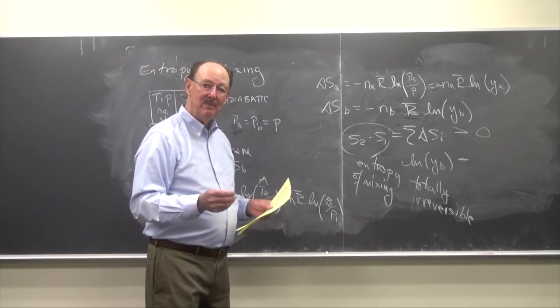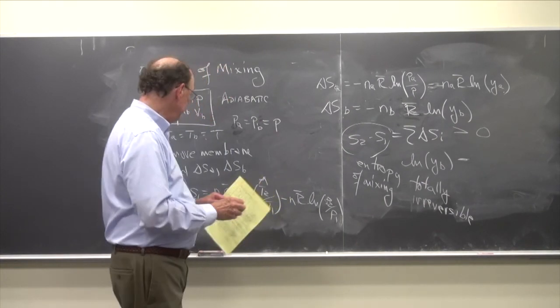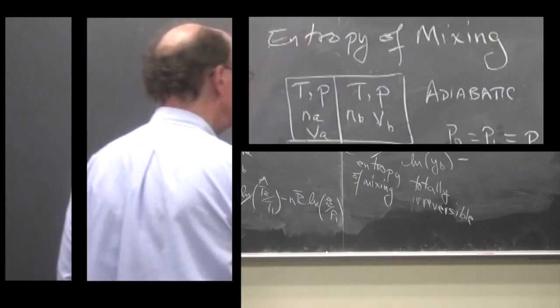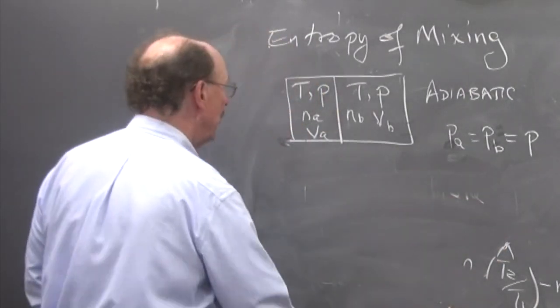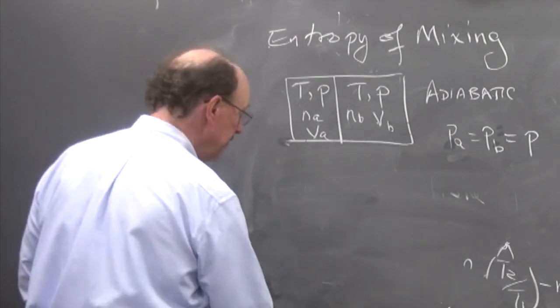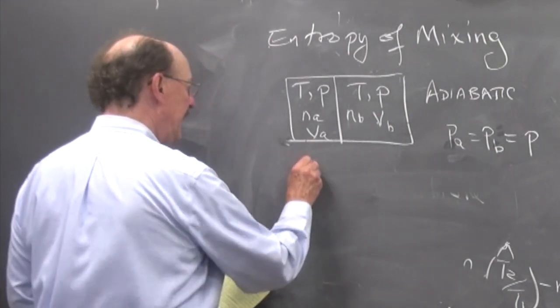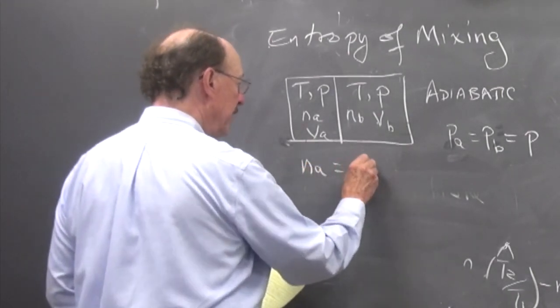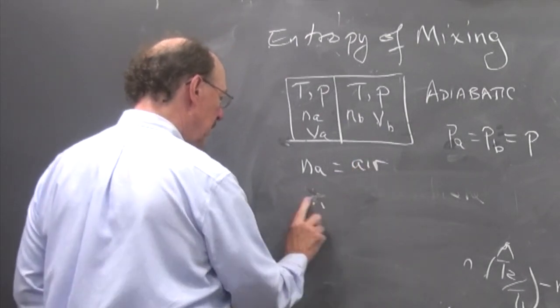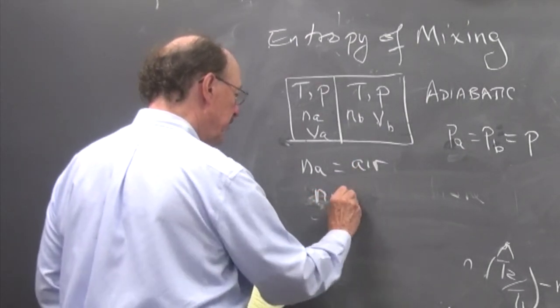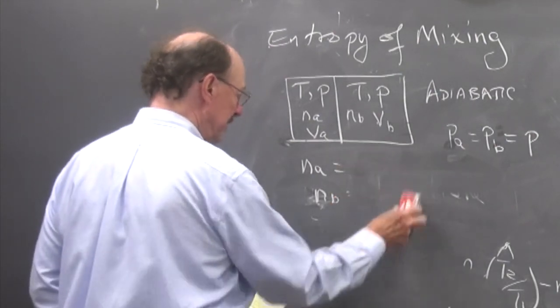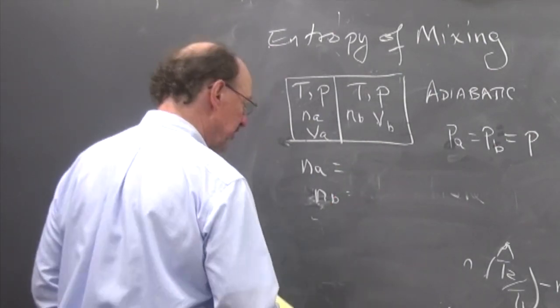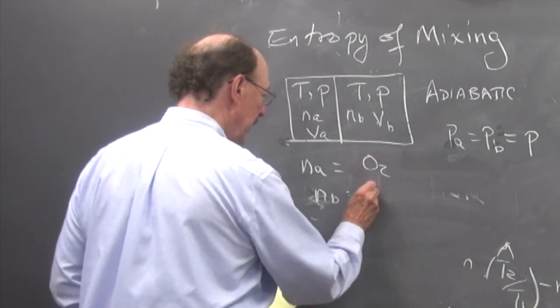But now, let's say that I changed this and I said, I'm going to let these things be the same, but now let's say that Na is equal to air and Nb is equal to air. No, air has two different things. Let's make it oxygen and oxygen, O2 and O2.